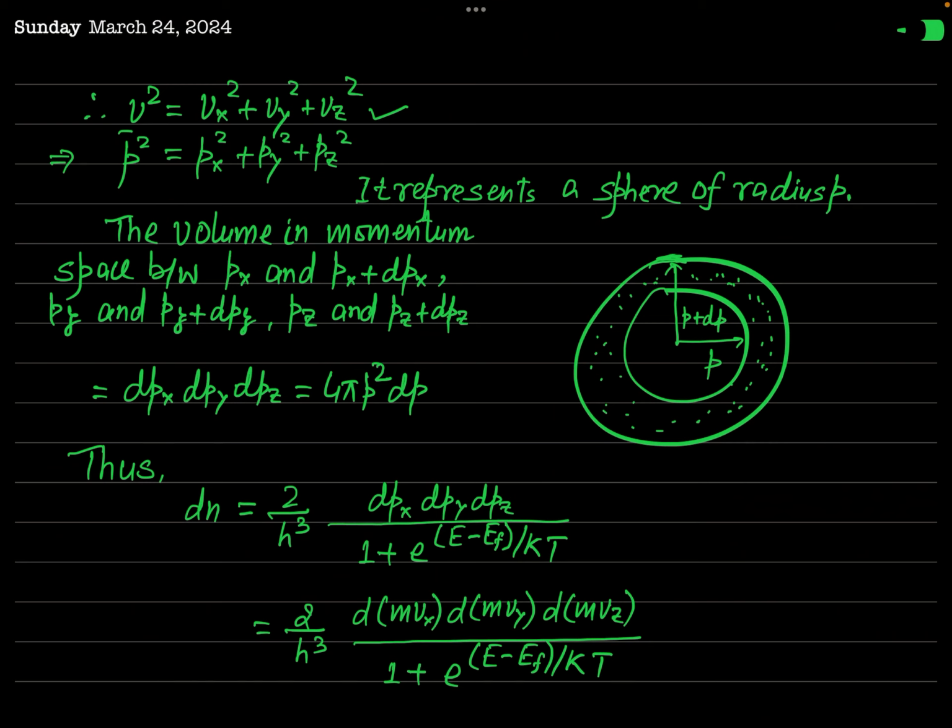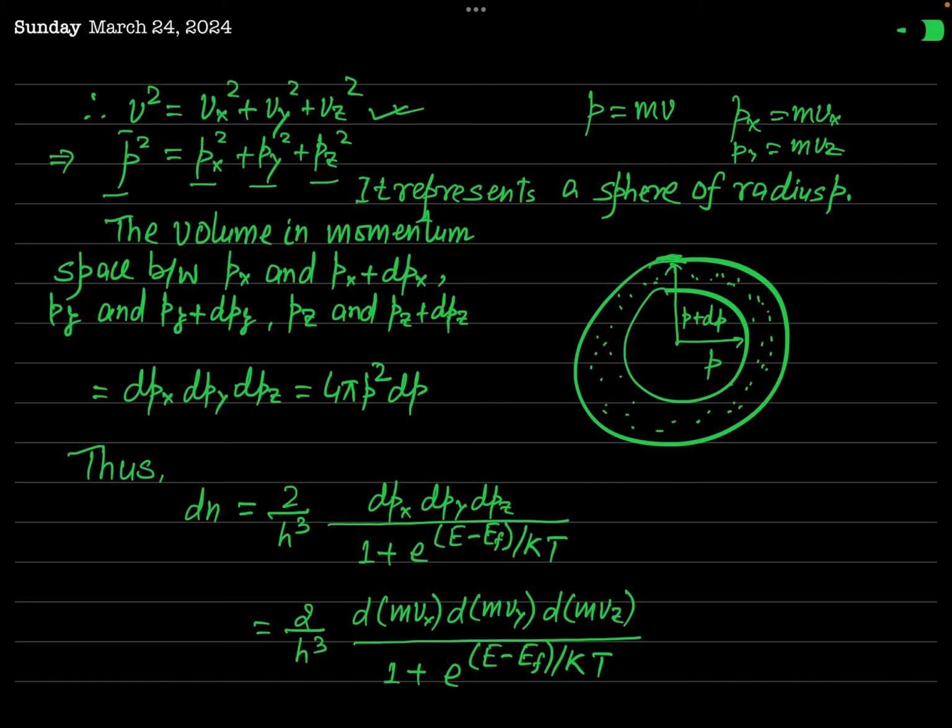But you know that p, the linear momentum, is equal to mv. So when you multiply this equation by m square, the equation changes into terms of momentum. So p square will be equal to px square plus py square plus pz square. Here px means m vx, and py means m vy. In this way you can transform it.